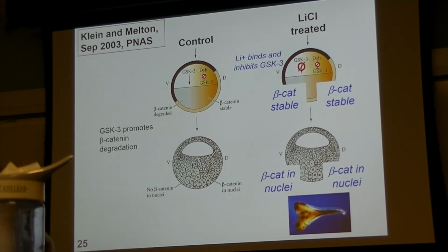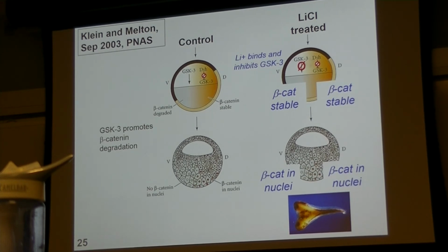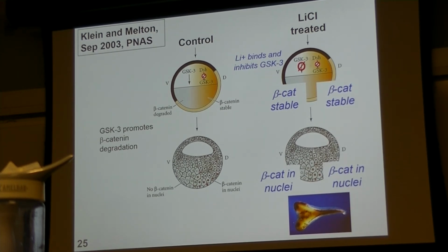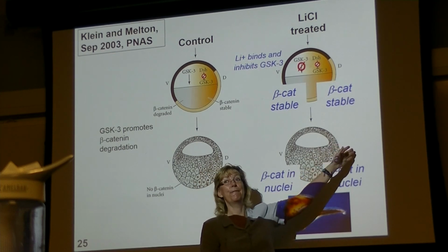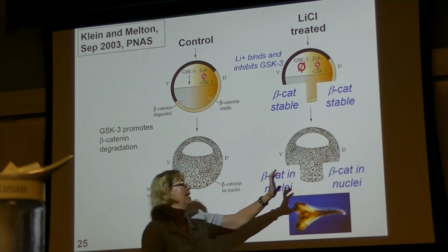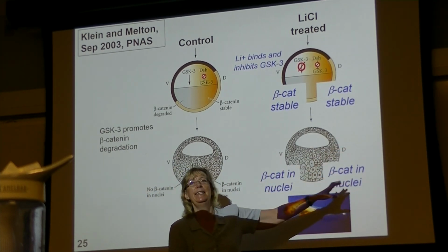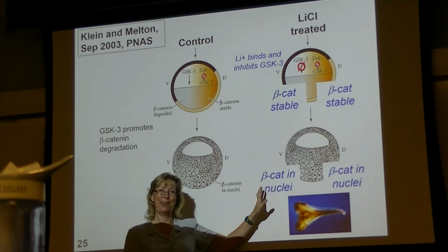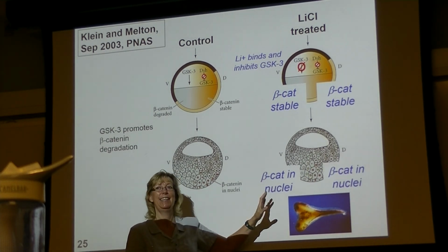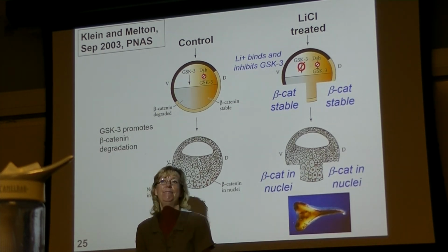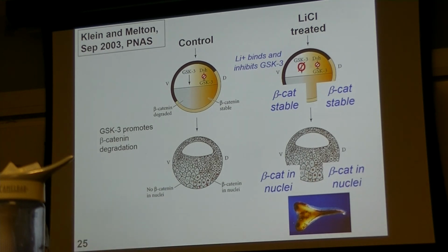And when you treat with lithium chloride, effectively it inhibited the GSK3 everywhere in the embryo. And as a result then, beta-catenin becomes stable everywhere in the embryo. And then you have beta-catenin in the nuclei everywhere in the embryo, including on the ventral side. And that then went ahead and developed this two-headed embryo.